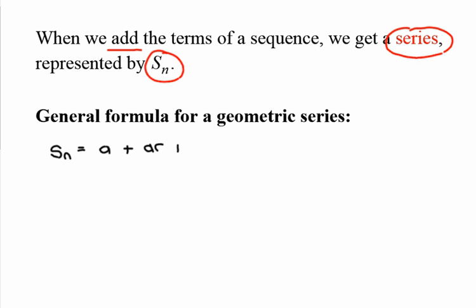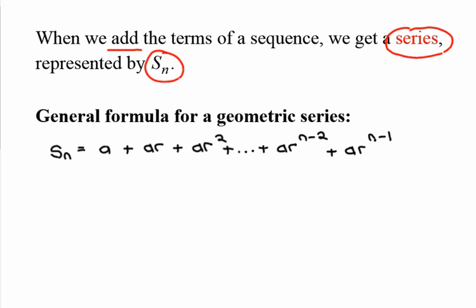Then my third term we know is AR squared. Now I can keep on going. I'm not going to write them all out, dot, dot, dot, to show you that I'm keeping on going. Now my second last term in a sequence would be AR^(n-2). If that doesn't make sense, let's just have a look at the last term, the general term, AR^(n-1), which we saw in the previous description of a geometric sequence.